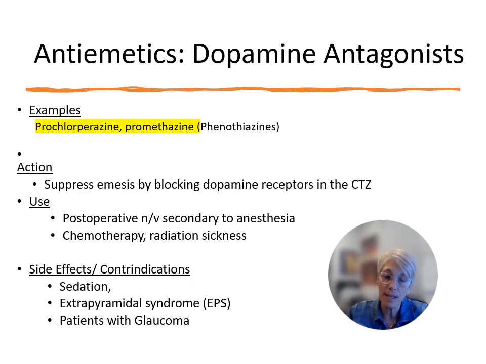But the big thing is when we block dopamine, we can have extrapyramidal syndrome, which is what we see with some of our psychiatric drugs, and it would include things like pill rolling, where people have pill rolling tremors potentially, tardive dyskinesia, which is like a slurred speech.